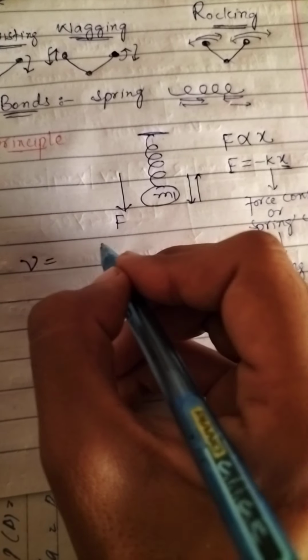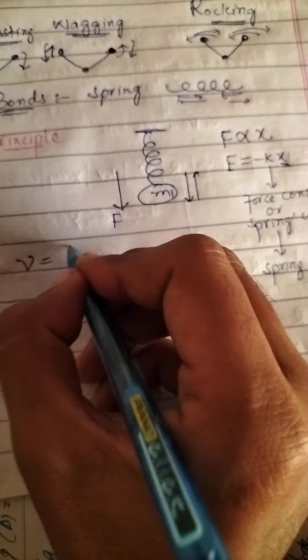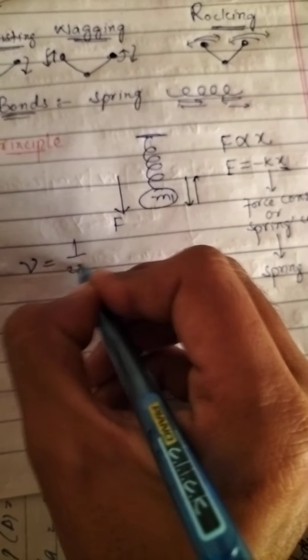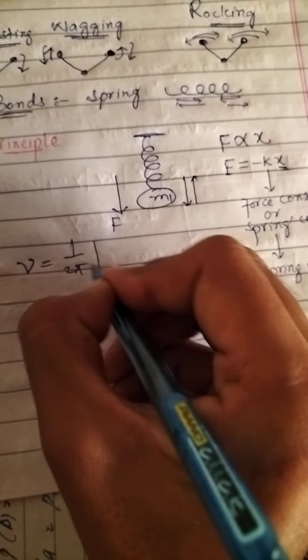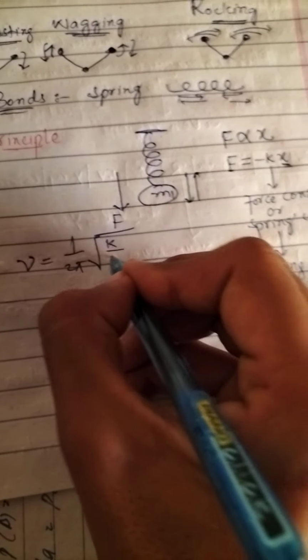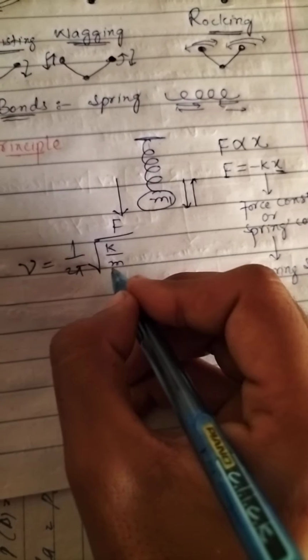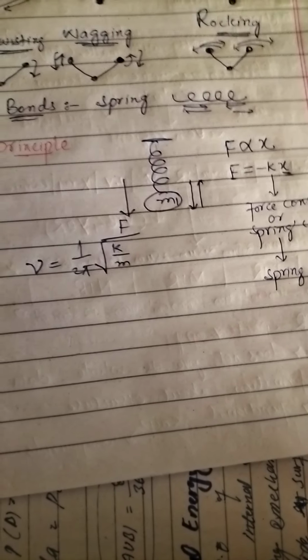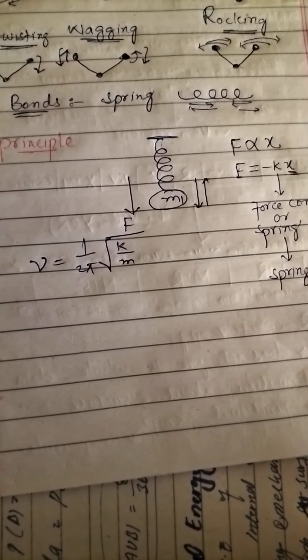This number of vibrations is equal to 1 over 2 pi square root of k over m. Here m is the mass, k is the spring constant, and mu is the frequency.